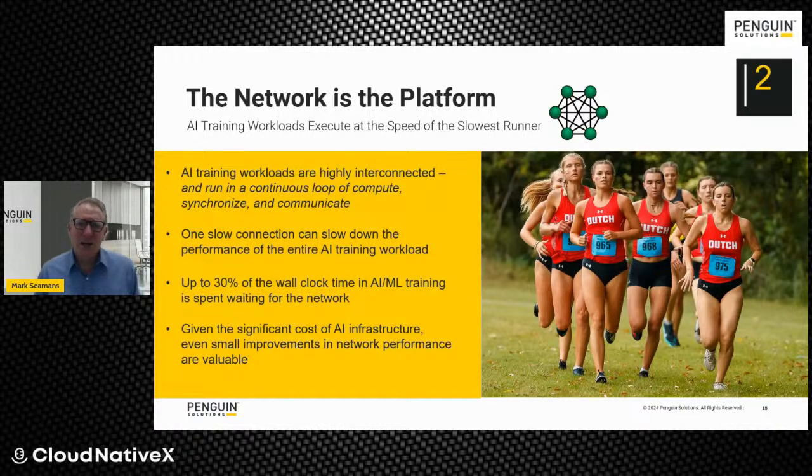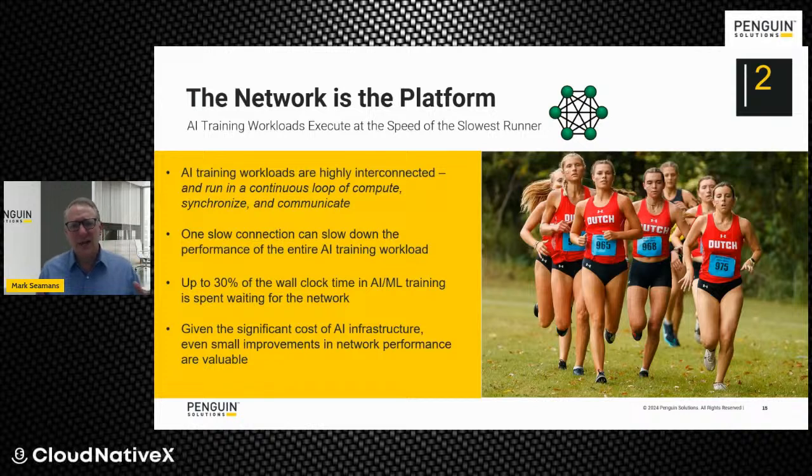The thing that's unique about cross-country running is that winning isn't about having the fastest runner. It's about having a whole team of runners who can all run quickly, because the ability to get your entire team across the finish line dictates your ability to win a race. And that's the same as workloads executing within these AI training environments.